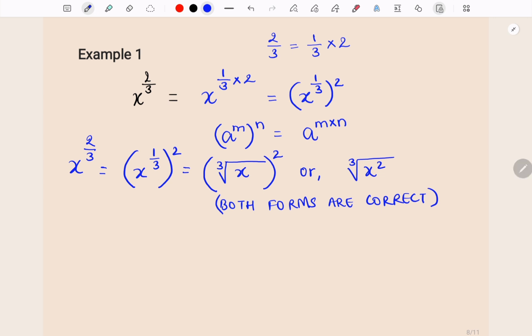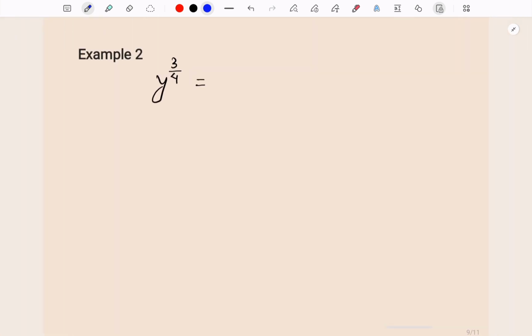So let's move to the second example. We have y raised to the power of 3 over 4. I can write this as y raised to the power 1 over 4 multiplied by 3. Why? Because this 3 over 4 can be written as 1 over 4 multiplied by 3. Now, from the laws of indices, I can write this as y raised to the power 1 over 4, whole cubed.